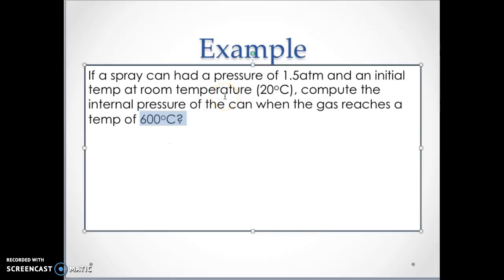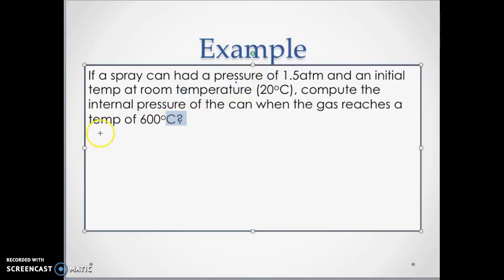So what is the pressure when increasing the temperature by almost 20 times more than its original temperature? When you look at this question, it doesn't mention volume, so you're going to assume it's constant. So we're going to be using the formula that relates pressure and temperature.